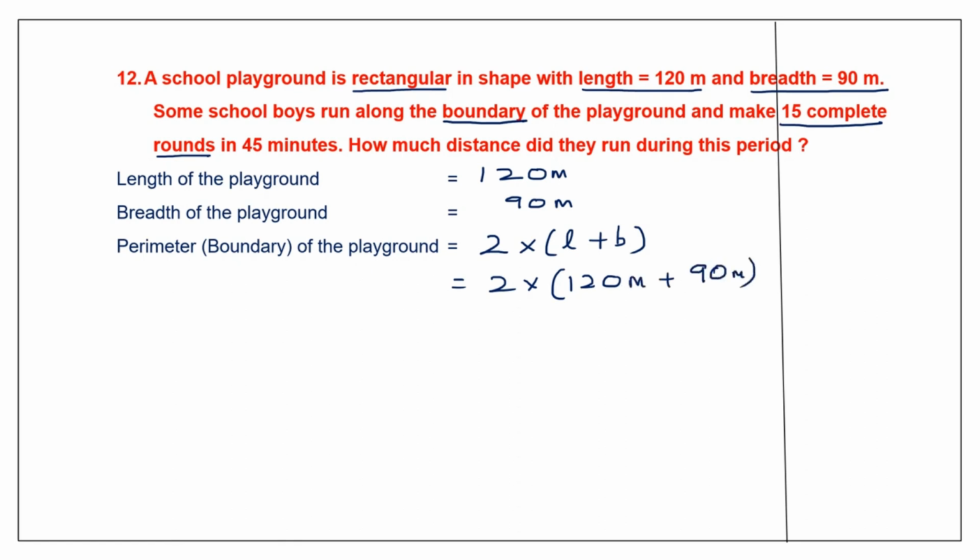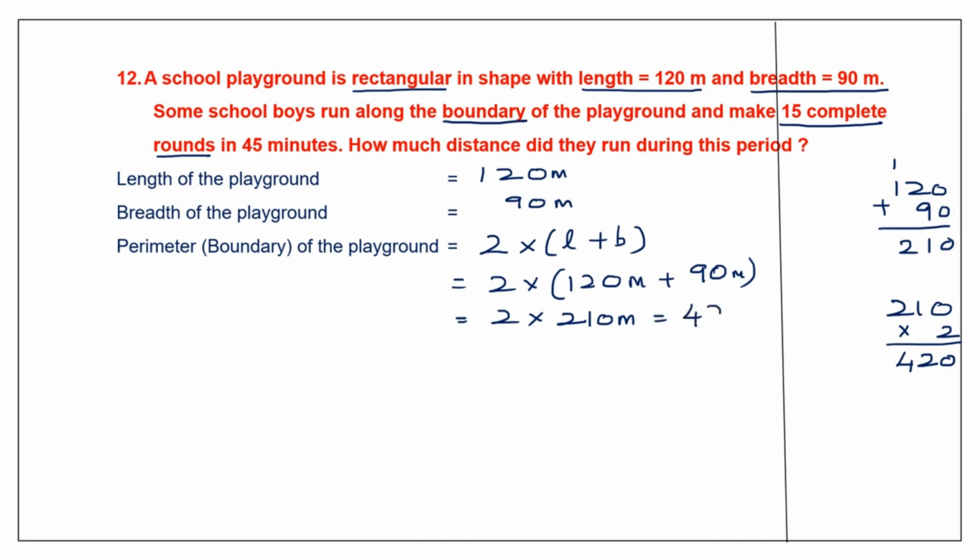So that will be 2 into 120 plus 90. Let's add it up. 0 plus 0 is 0. 9 plus 2 is 11. Carry 1. 1 plus 1 is 2. That's 210. So 2 into 210 meters. So let's multiply 210 into 2. 2 zeros are 0, 2 ones are 2, 2 twos are 4, which is 420 meters. So we have found the boundary of the playground.